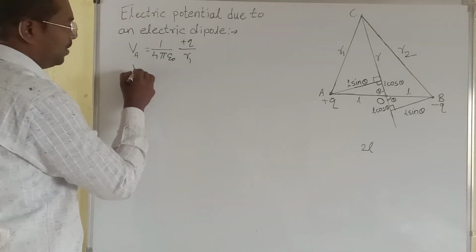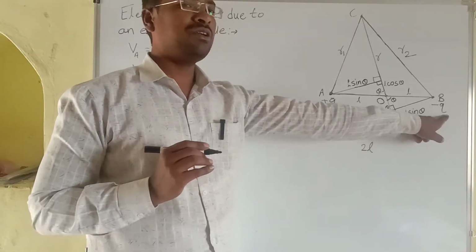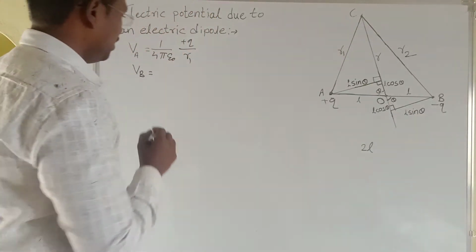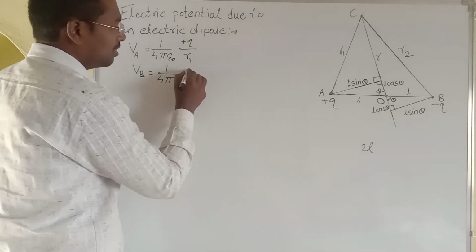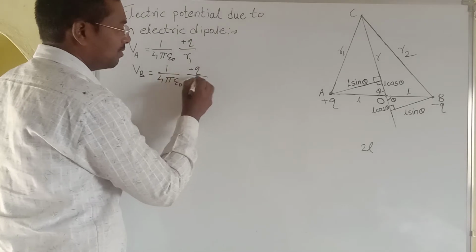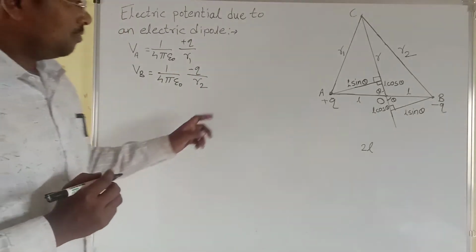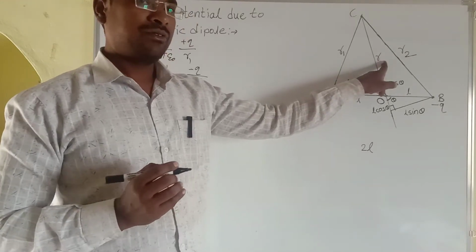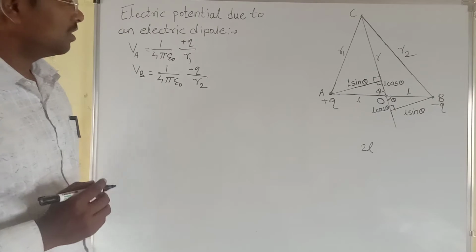And VB, the electric potential due to this minus q charge at point C, can be written as 1 upon 4 pi epsilon naught times this minus q charge divided by the distance R2. We know the distance R only, and R1 and R2 are unknown to us.